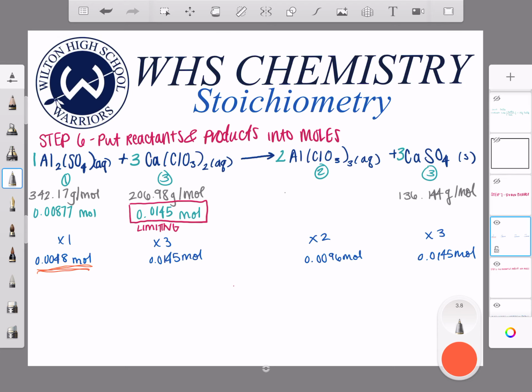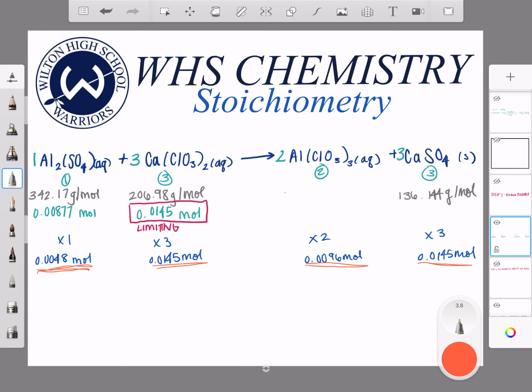We can take that and times it by 2 to get the 0.0096 moles, and then times 3 is this. So when we put all the reactants and products into moles, we're using that limiting reactant mole number and the mole ratios to get everything into moles, because it's driving the entire reaction.